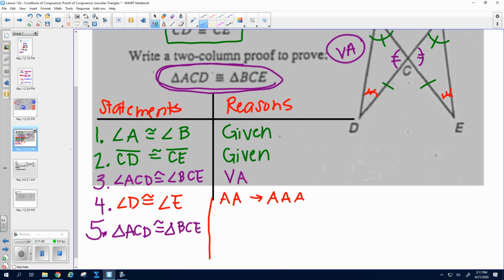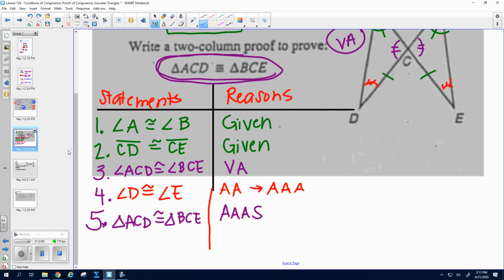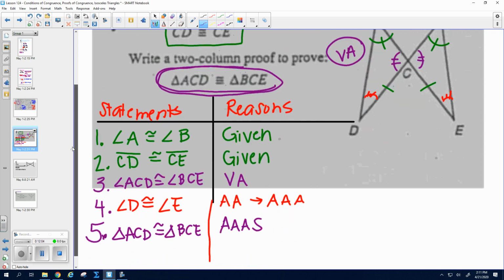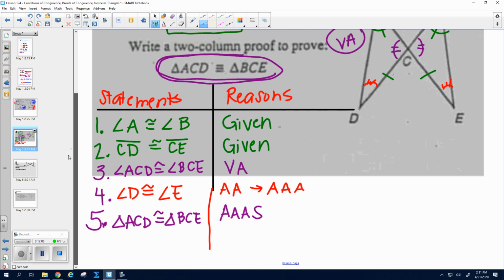And your reason over here is always one of those properties. And so this one is angle, angle, angle, side. Okay, it should look exactly like this, and then you are done. Sometimes you'll have 4 steps, sometimes you'll have 8 steps, so there's not a fixed number of steps.